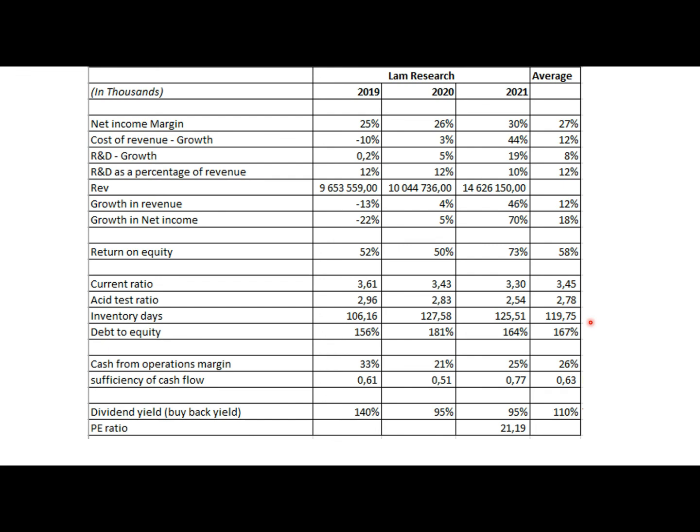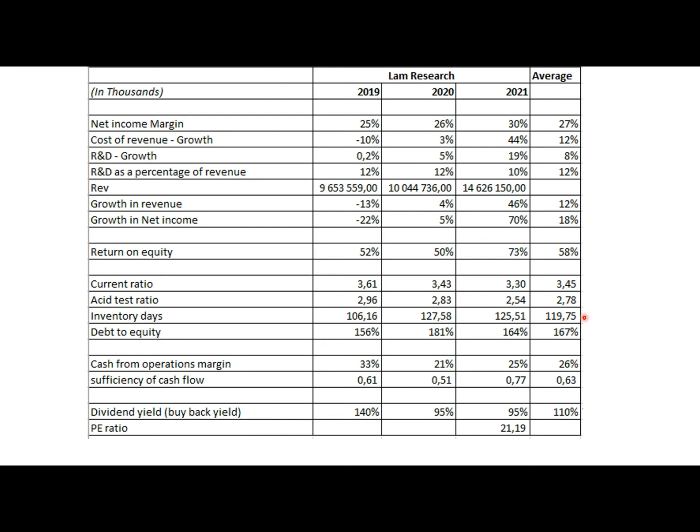You will see in 2021 it's at 125, but even looking at 2021, the industry average is still 160 days. So overall, good performance. Looking at my asset test, current ratio as well as my inventory days, very attractive balance sheet from a liquidity point of view with very low liquidity risk.